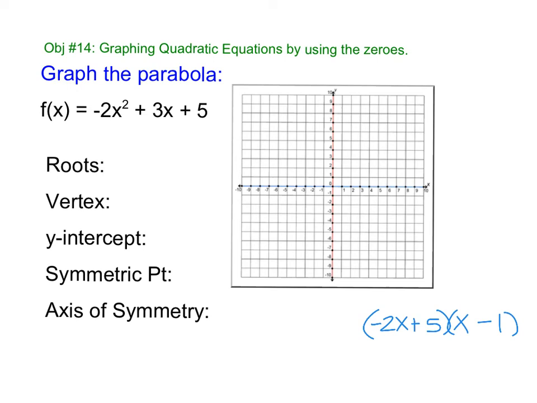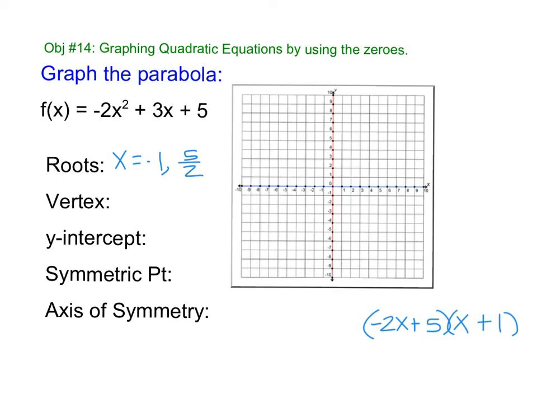No, the 5 has to be positive. Oh, those are both positive. So that's 5x minus 2 gives me 3. Okay, so I get -1 and 5 over 2.